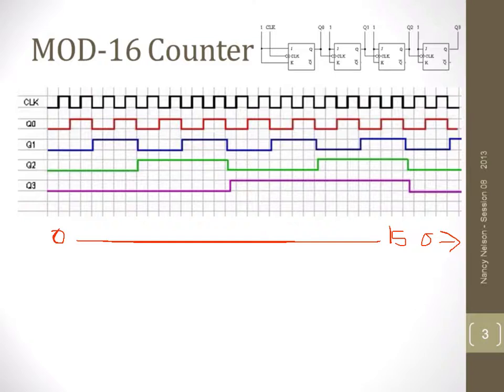We did our sampling halfway between the edges, at the rising edge of the clock, and that's where we figured out that we had a 0 count, a 1 count, a 2 count, and so on.